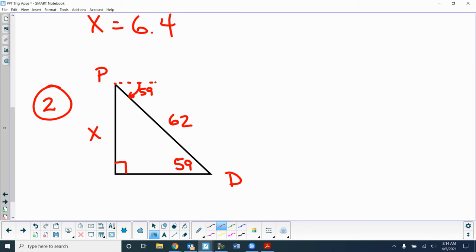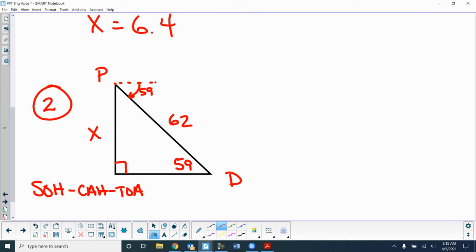All right? So since it's a right triangle, we can use the SOHCAHTOA stuff. Now, the law of sines will still work. So if you don't want to worry about that, we could use the law of sines because we got this angle and that side opposite, and we got this angle's 90 and that side opposite it.